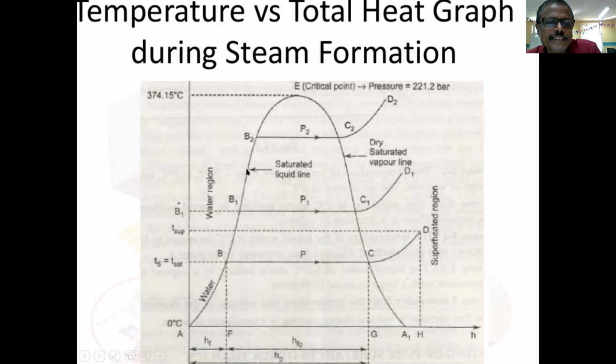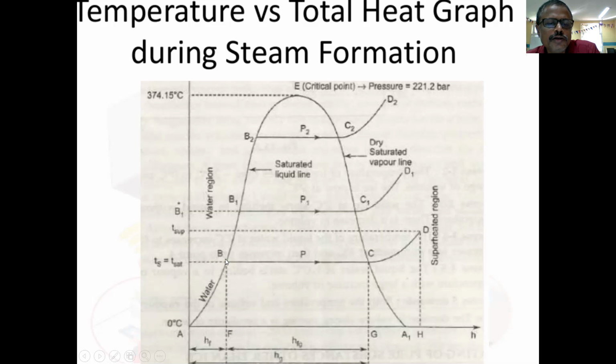And the region to its right side, up to the points C2, C1, C and A1, is the wet steam zone. Here you have water plus steam particles in suspension.